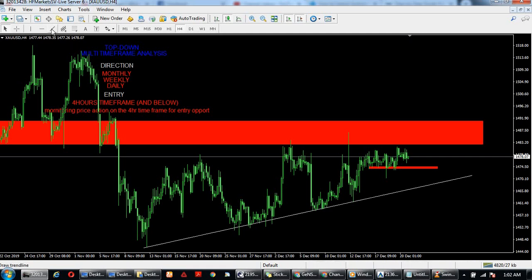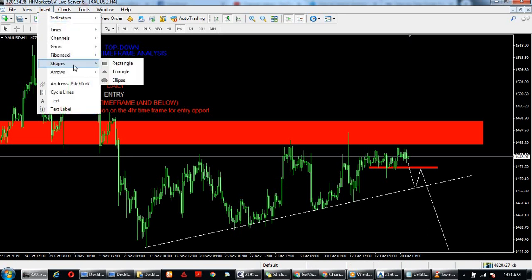So what we would want to do is see price come and take out this support from our 4 hours time frame and then come back to find what? A resistance there, and that will be the best time to do what? To consider selling gold all the way for some very good reasonable profit, guys.